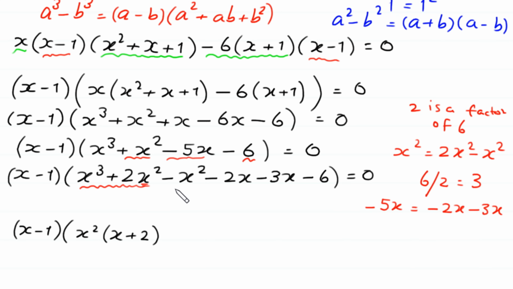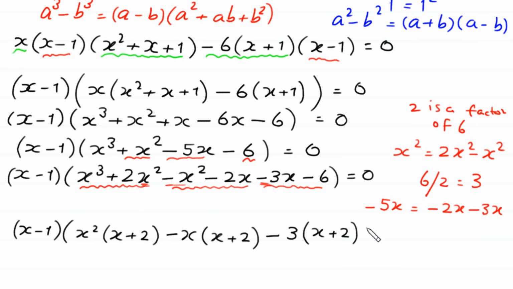From these two terms, negative x squared minus 2x, we can factor out negative x times, in bracket, x plus 2. And from these two terms, negative 3x minus 6, we can factor out negative 3: negative 3 times, in bracket, x plus 2, is equal to 0.